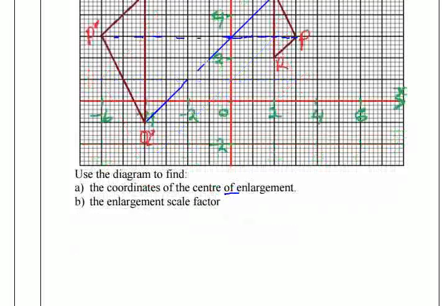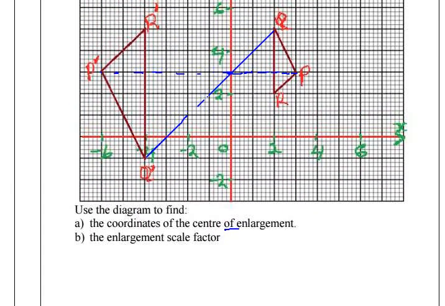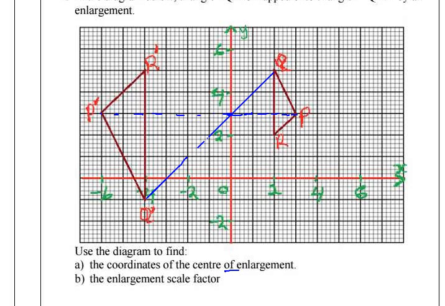Now, when those two meet, I simply write down my answer: my center of enlargement, this point here, has coordinates, when I look at the origin, I do not go to the right or to the left, so that is a 0. Then I need to move 3 steps up, so it is (0, 3).